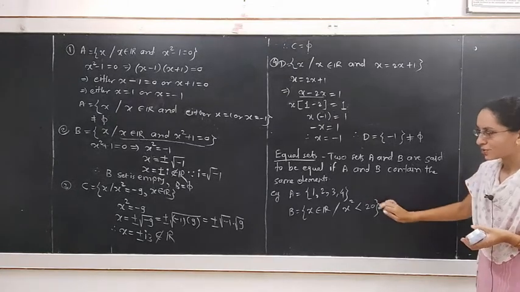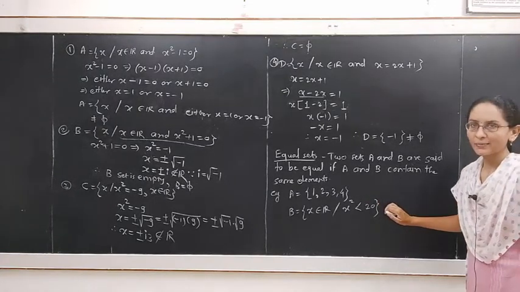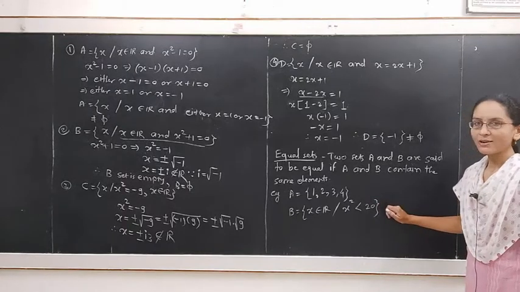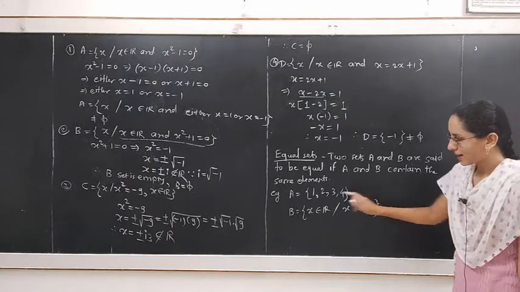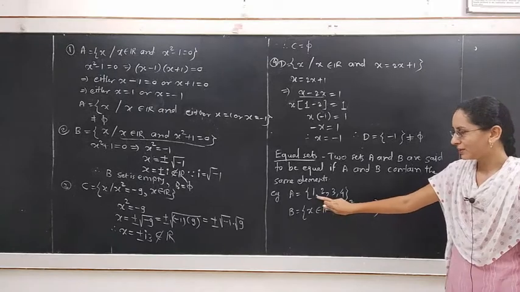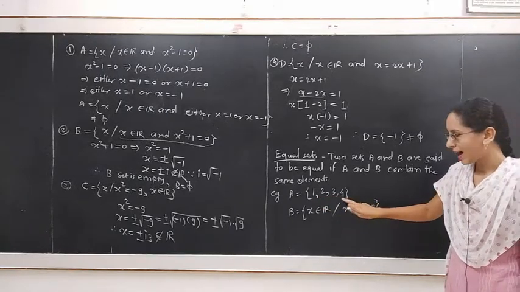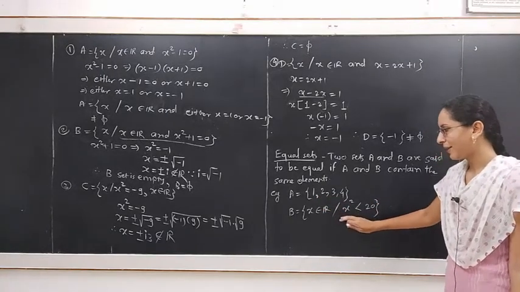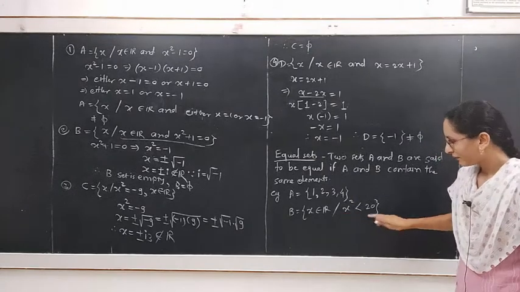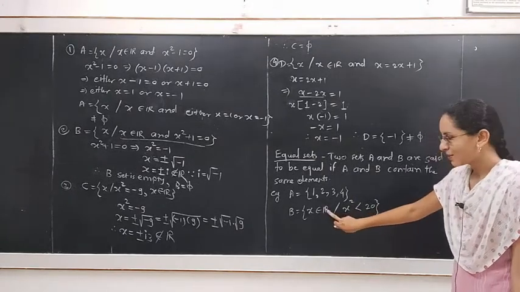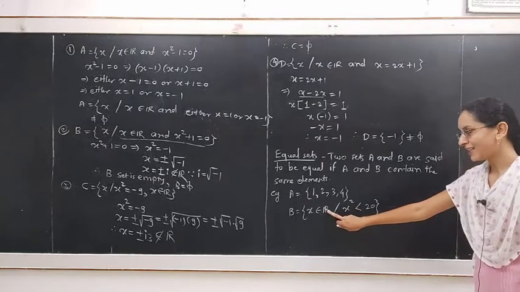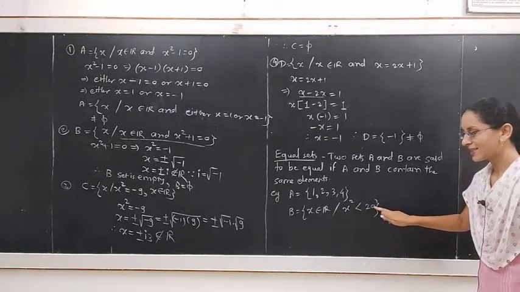Now these two sets are not equal because A contains 4 elements 1, 2, 3 and 4. To find the elements of set B, we will take some real number and check the condition on that real number, that x square is less than 20.